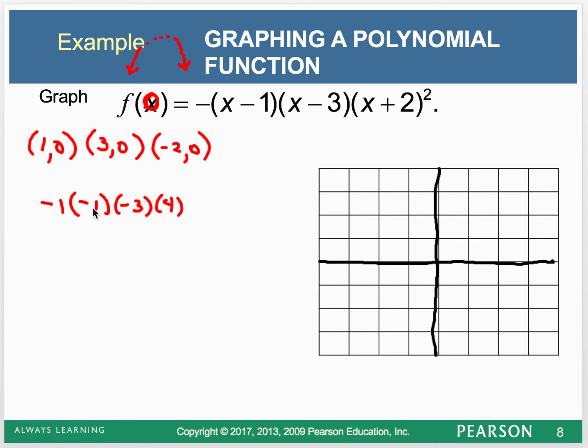So we have 3 negatives makes -12. So our y-intercept is at 0, -12. Okay. So maybe I'm going to make this go by 3's this time.